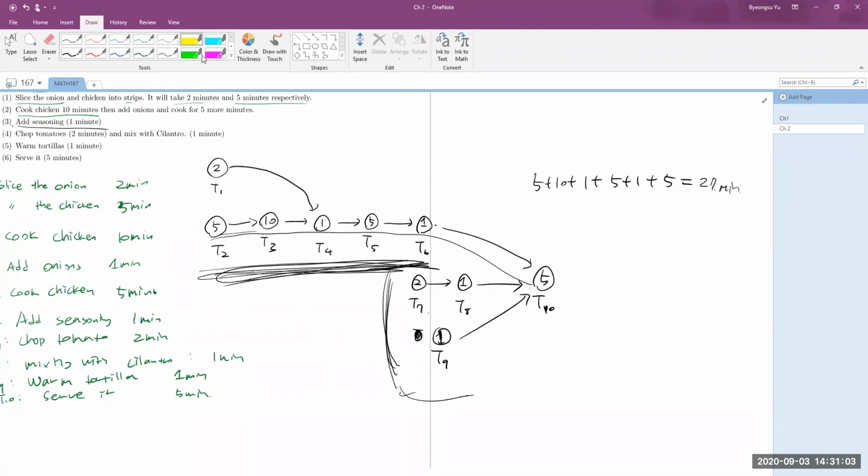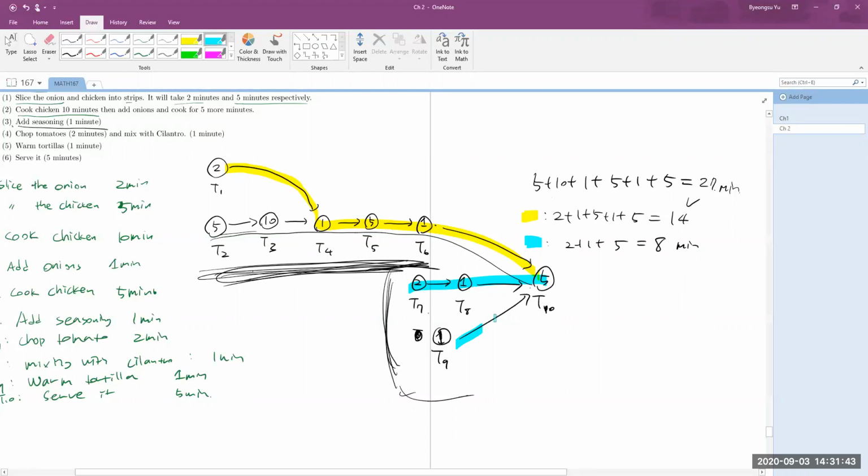But if you draw the path from T1, for example this yellow path, it gives you 2 plus 1 plus 5 plus 1 plus 5, which is 14, still less than 27. And this blue path, T7, T8, T10, gives you 2 plus 1 plus 5, which is 8 minutes.